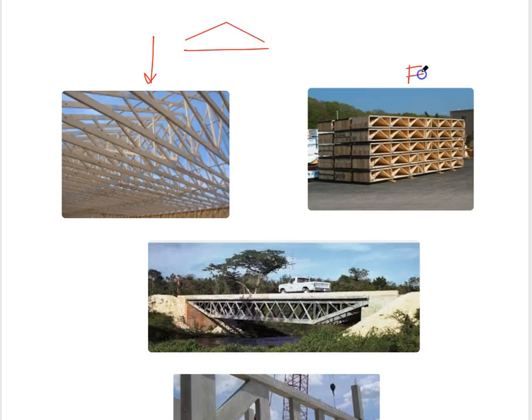Flat would be more for a floor, while something pitched would be used in the roof section. You've got some spacing, and these members are just normal 2x4s, maybe 2x6s. So this is a sort of built-up truss.